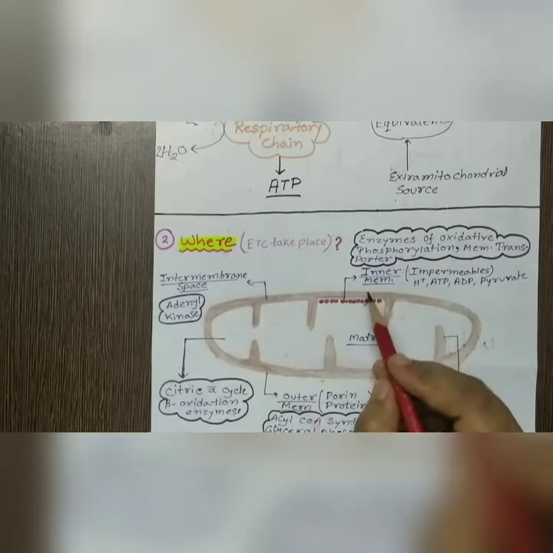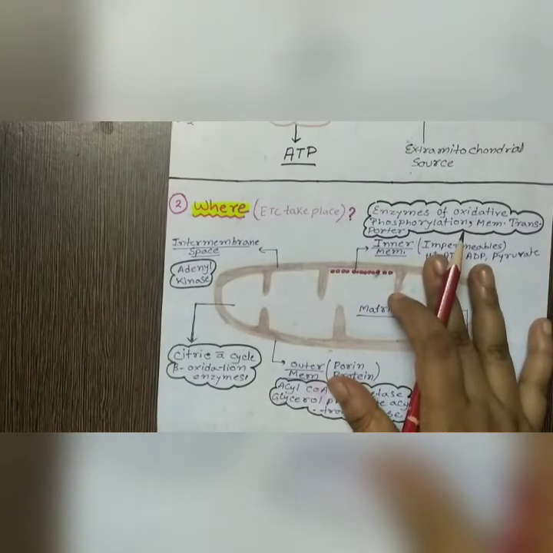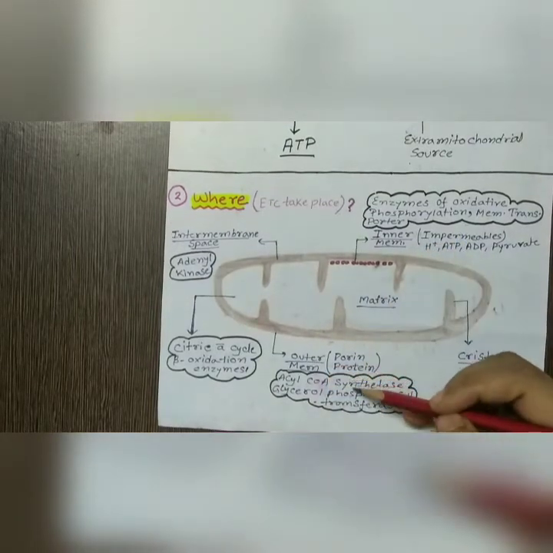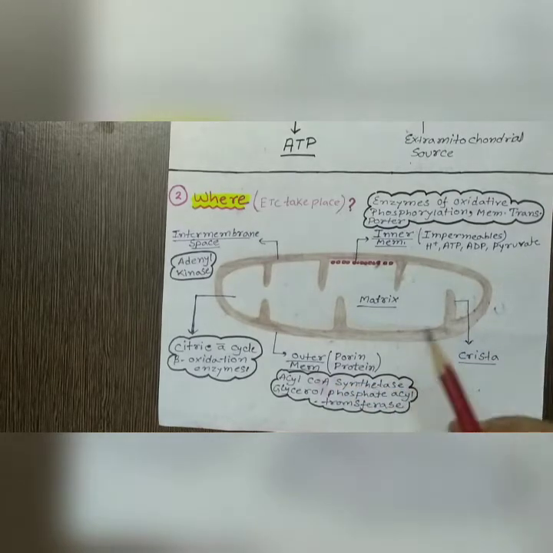For example, the intermembrane space has adenyl kinase, the matrix also has enzymes for the TCA cycle or enzymes for beta oxidation. The outer membrane also has some enzymes, like for acetyl coenzyme A synthesis.